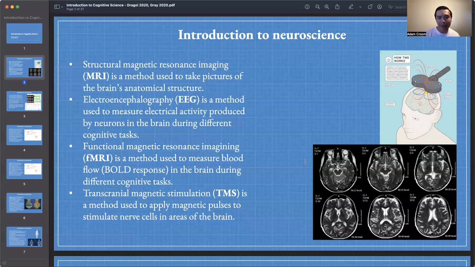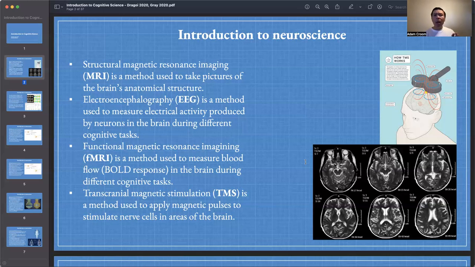So this segues nicely into our next methodology, which is electroencephalography, or EEG. And this is a method that's used to measure electrical activity produced by neurons in the brain during different cognitive tasks. Maybe it's a linguistic task or an executive control task, pick your favorite cognitive task, and we want to figure out what area of the brain it engages.